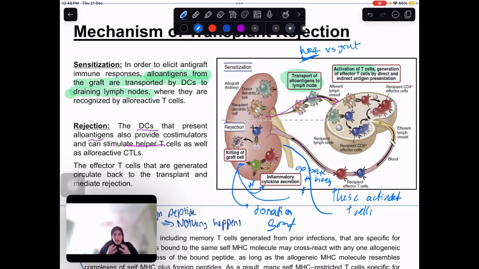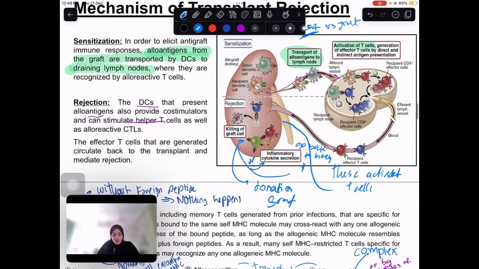The graft, the organ, has its own antigens. There are going to be dendritic cells circulating everywhere. They take the antigen, go to the lymph node, and show it. My own T cells are going to say, this is not mine. So they will go back to this donated organ, the graft, and attack it. This is the host versus graft.